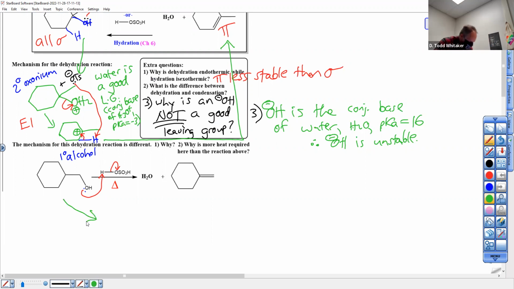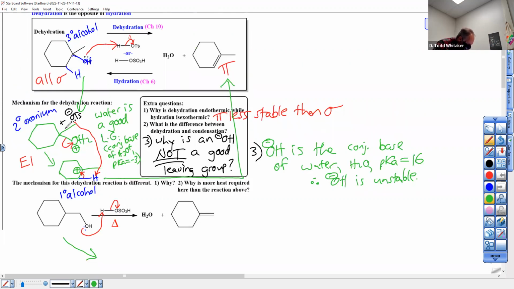What was the purpose of protonating the O here? Well, what's it doing here? Leaving. It can't leave until it's protonated. Why? Answers on the screen. It can't leave as hydroxide because it's a poor leaving group. Why is an OH minus not a good leaving group? Okay. It can leave as an oxonium, which we're about to draw, because that is a good leaving group.